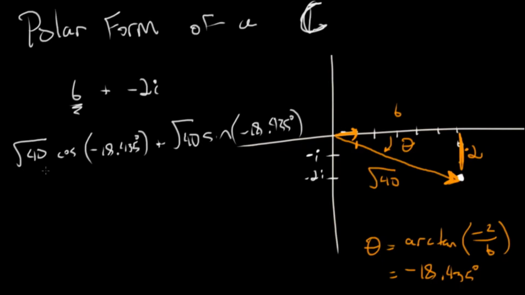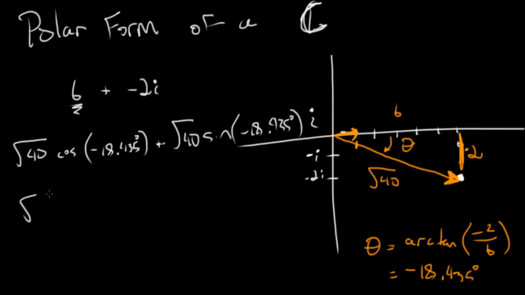And I can pull out, oh, there's an i. Let's not forget that i that's there. Check your calculator. This is negative 2. This is 6. We've constructed it such that that is the case. Cosine of negative 18.435 is the length here on the unit circle, then we scaled it to 6.